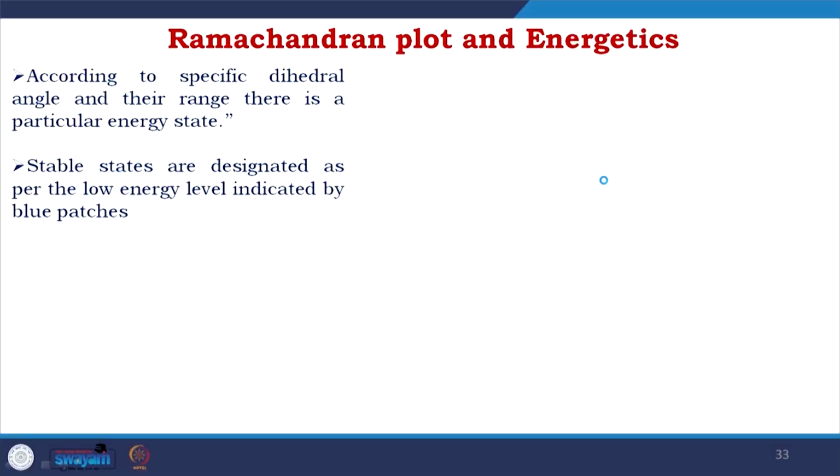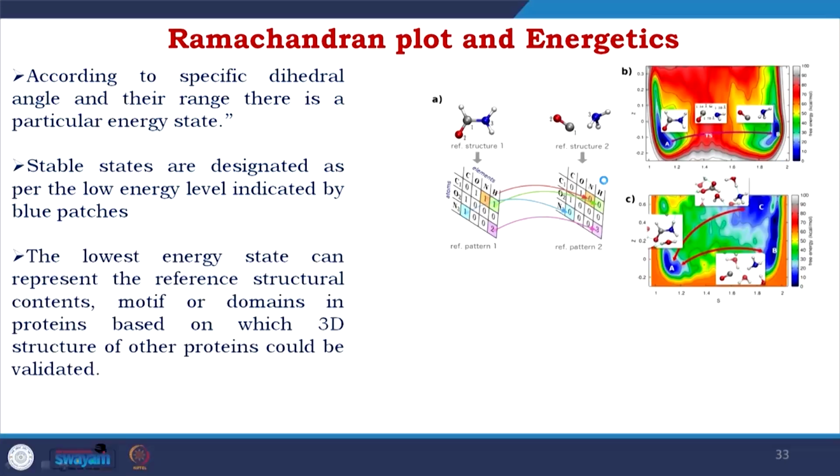Stable states are designated by low energy levels, indicated by blue patches, which you will see here. The blue patches show the low energy state. The lowest energy state can represent the reference structural contents, motifs or domains in protein, based on which the 3D structure of other proteins could be validated.